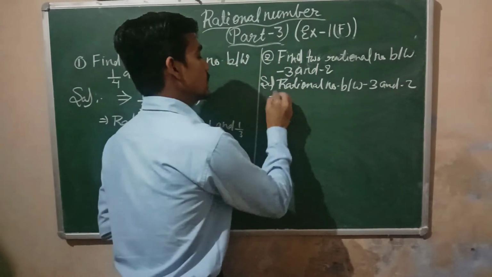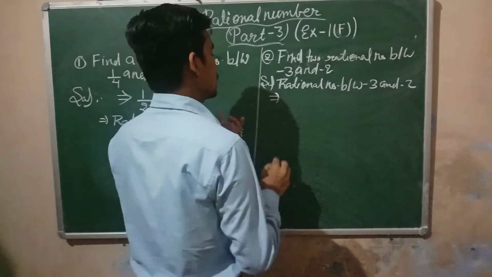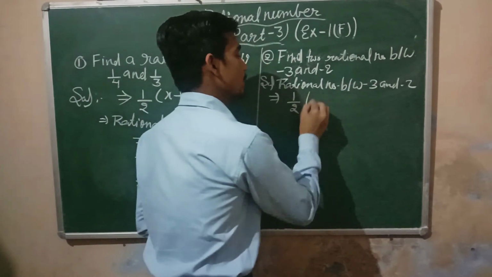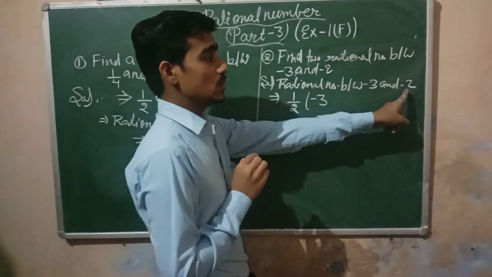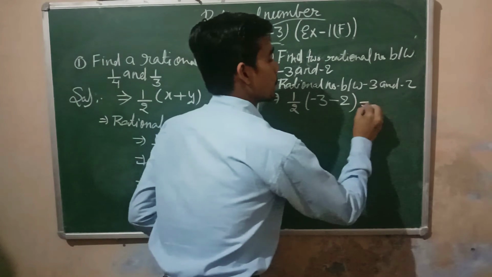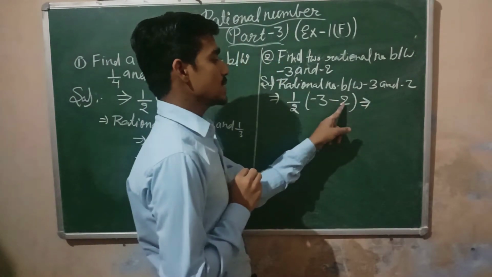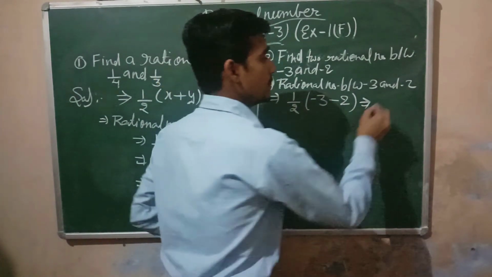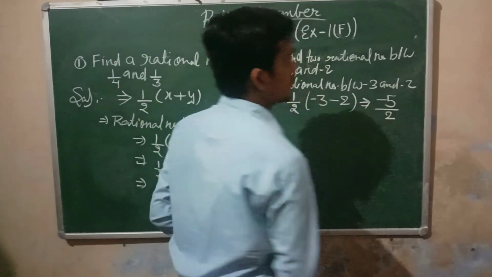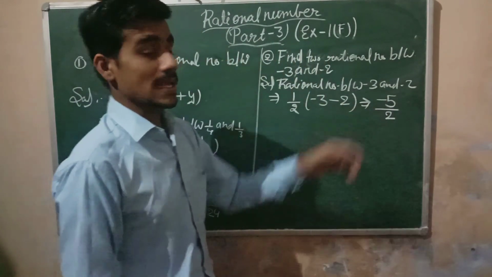Firstly, write the formula 1/2, and x is equal to -3 and y is equal to -2. That's why you will write here -3 plus -2. Clear? -2 -3 is -5 upon 2. Clear? This is the first rational number.